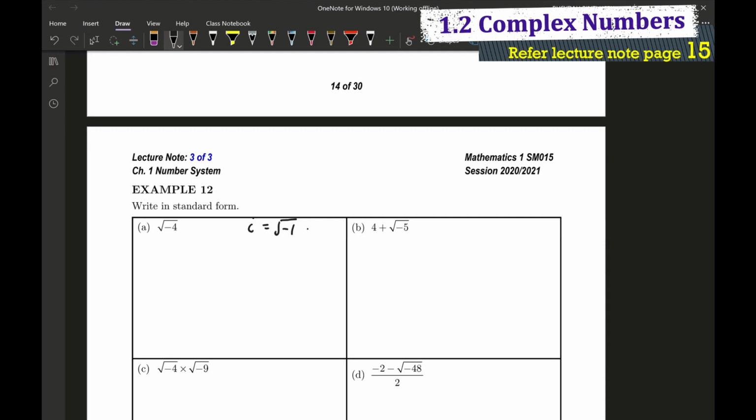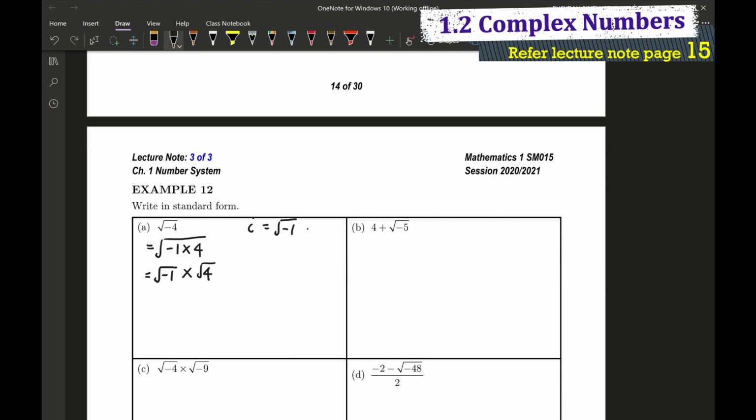So, we need to rewrite this in the form of negative 4 is equal to negative 1 multiplied by 4. And by the law of surds, we can separate it or break this up into separate roots, square root of negative 1 multiplied by square root of 4.